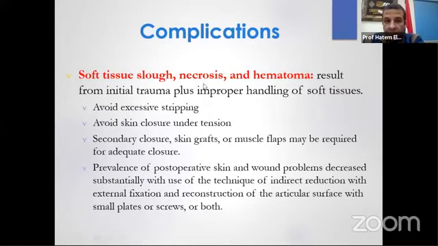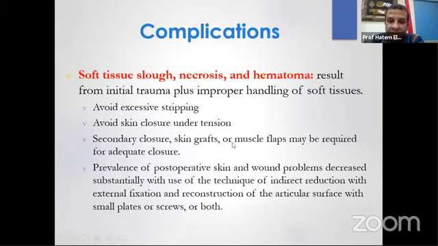Soft tissue sloughing, necrosis, and hematoma result from the initial trauma plus the surgical procedures and improper handling of soft tissue. So we must avoid excessive stripping and avoid skin closure under tension.